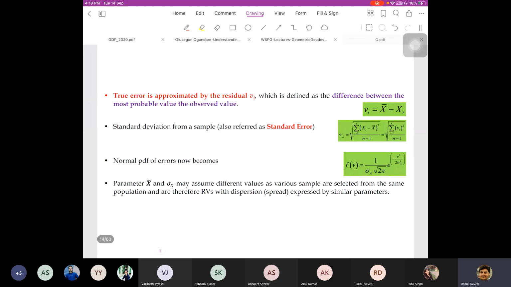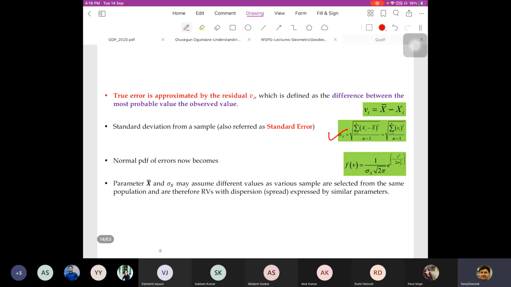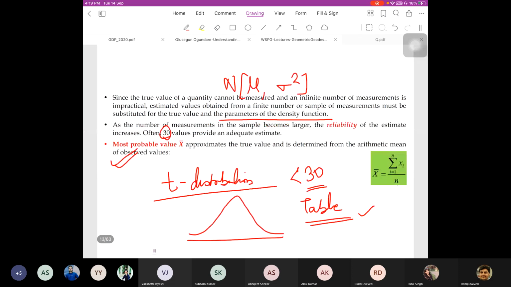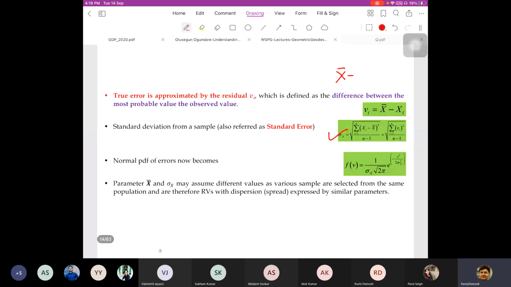The standard deviation from a sample, also referred to as a standard error, is represented by this equation. So when you have your x bar as summation of i equals 1 to n of xi divided by n, like this.